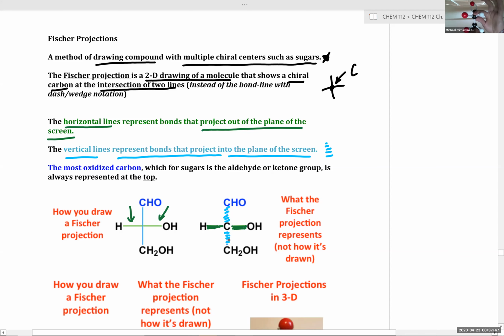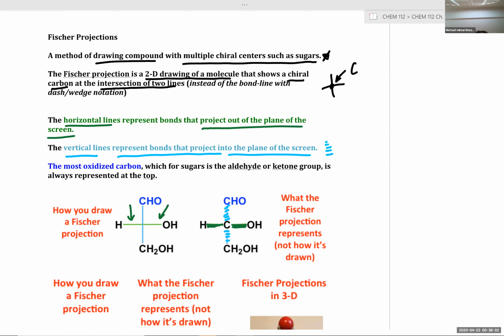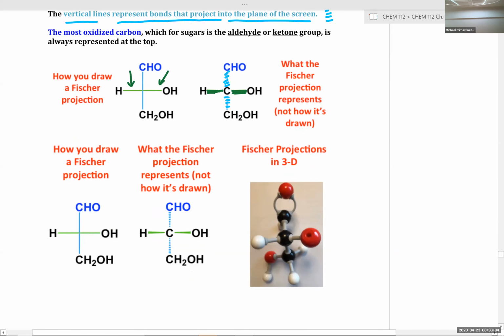Is this aldehyde up here pointing towards or away from us from this view? Away, exactly right. So just a visualization once again, here are the three depictions: model, dash wedge, and Fischer projection drawings.